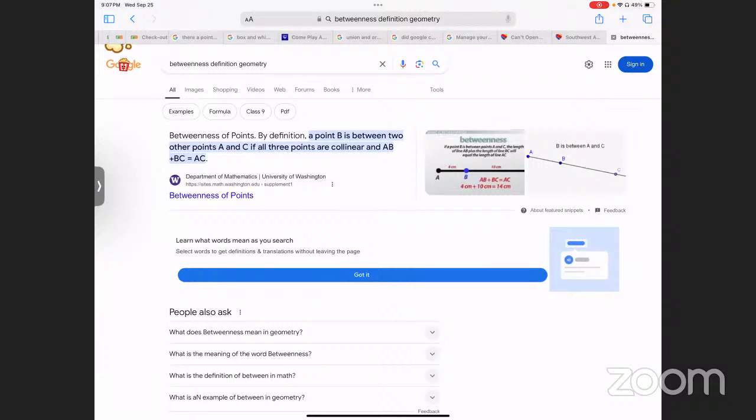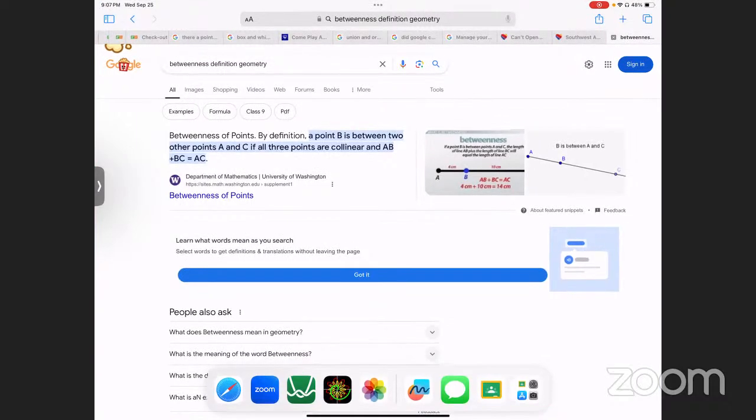Betweenness of points: by definition, a point B is between two other points A and C if all 3 points are collinear and AB plus BC equals AC. So betweenness implies collinearity, meaning they're all on the same line.